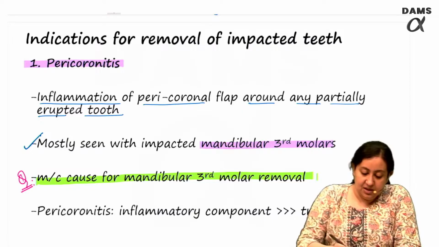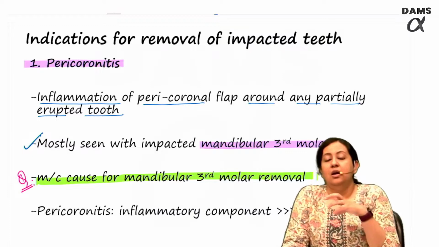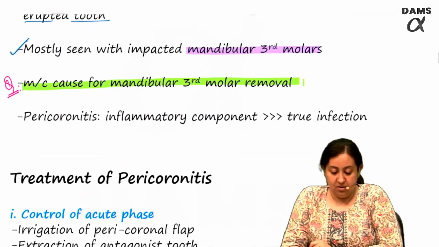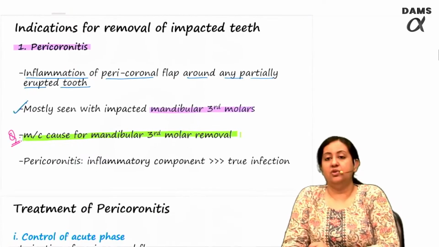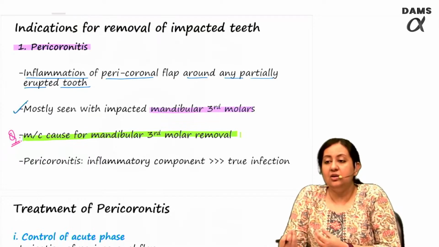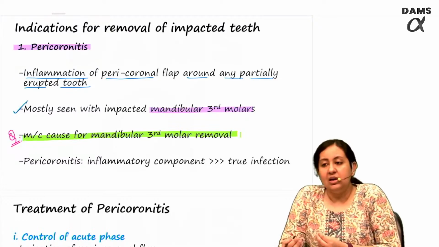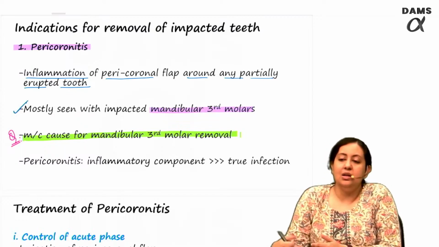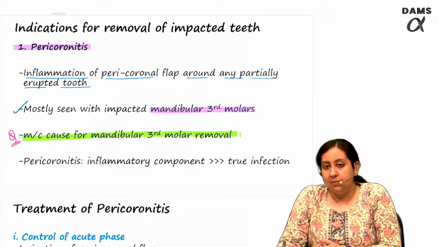Now please understand the next point. Pericoronitis is more of an inflammatory component than a true infection. Please do not confuse, because most cases of pericoronitis are not associated with pus discharge. Only when it gets secondarily infected, there is pus discharge along with pericoronitis.